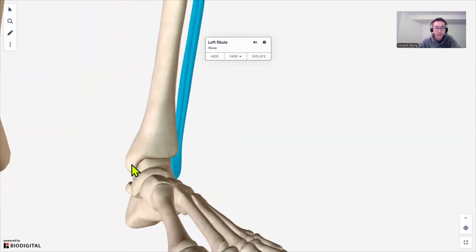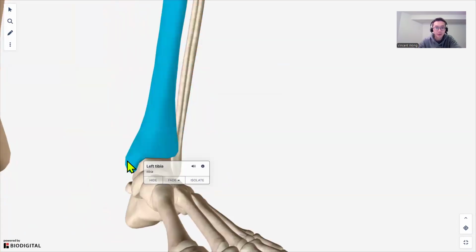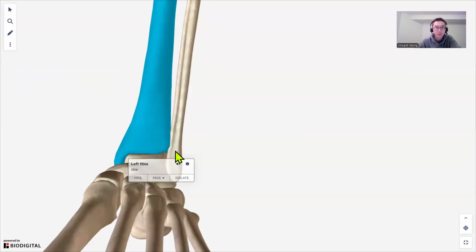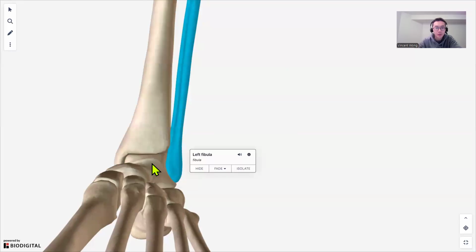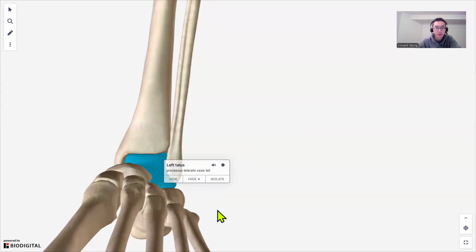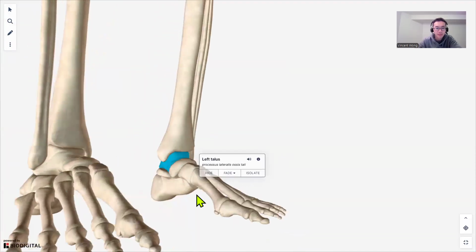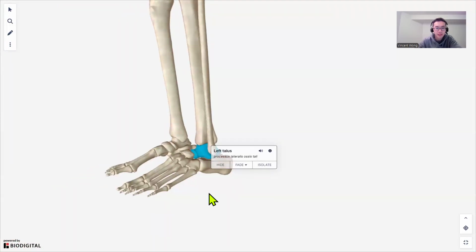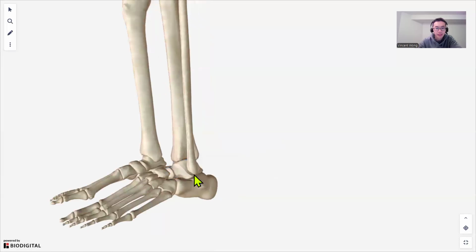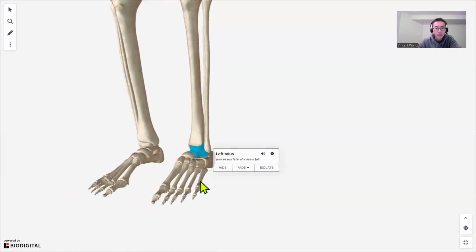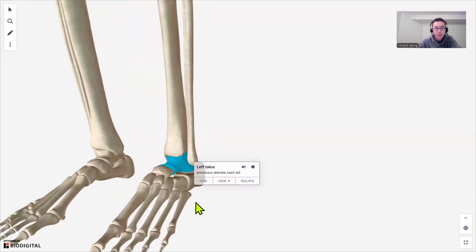And on the other side, that's where the tibia is going to be. And these bones kind of clamp onto this big bone here called the talus. Now, the talus is actually part of a bunch of bones in the foot, just like the carpals.